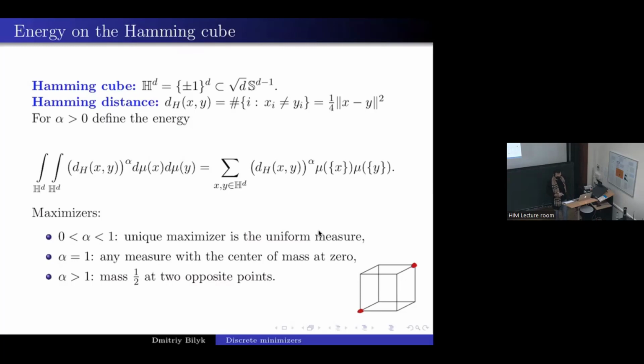Okay, and any measure with center of mass at 0 will be a maximizer for alpha equal to 1, just because it's a maximizer for the whole sphere. Same thing here. And here, about the uniform measure, one way to approach it is the following. Well, we know that sigma is the unique maximizer on the sphere, so the kernel is negative definite on the whole sphere. Well, if it's negative definite on this set, it's also negative definite on a subset.